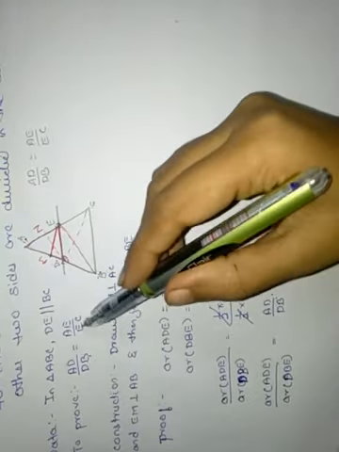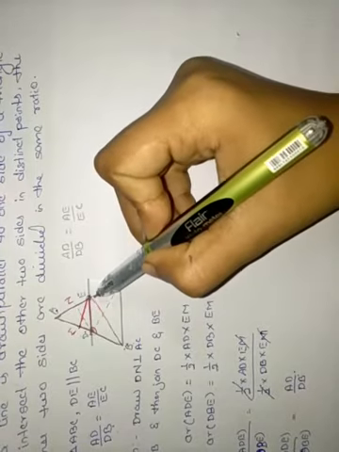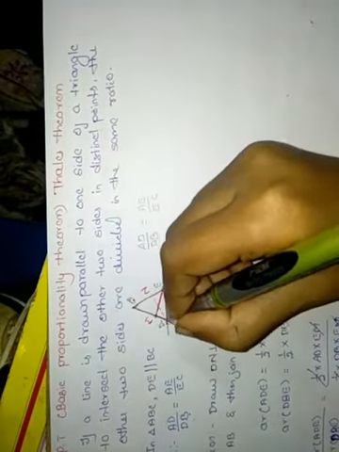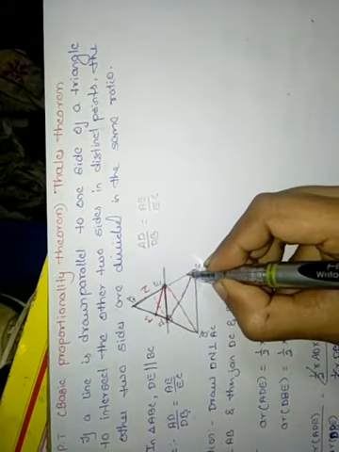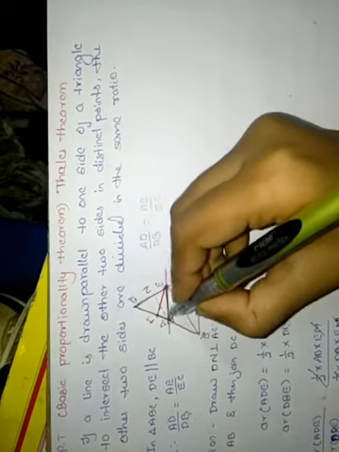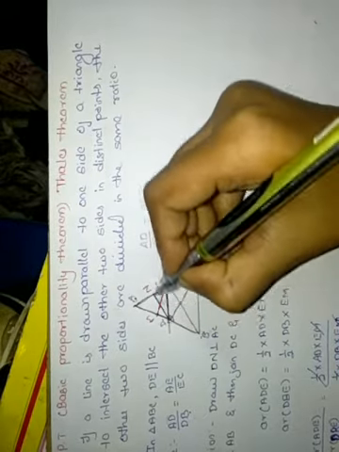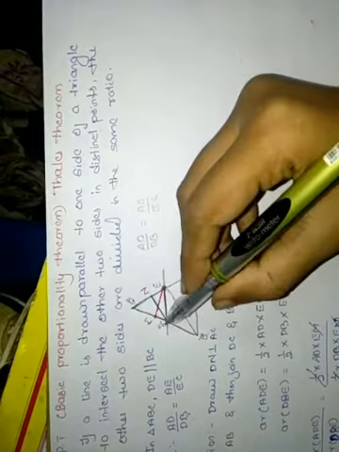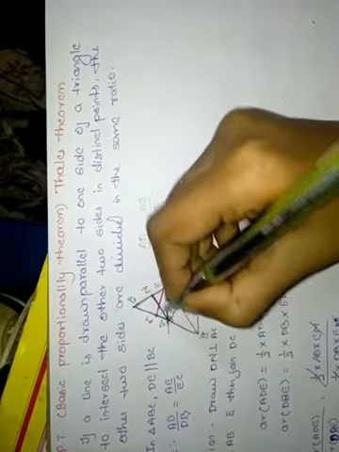Now to prove the right hand side, we take again triangle ADE and triangle DCE. For triangle ADE, the height lies inside the triangle. For triangle DCE, it is an obtuse angle, so the height of this triangle lies outside the triangle.